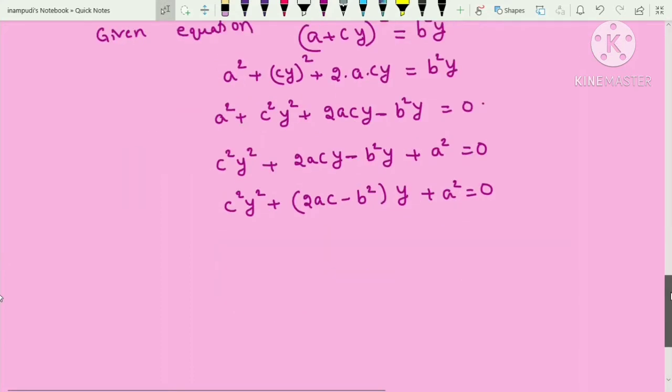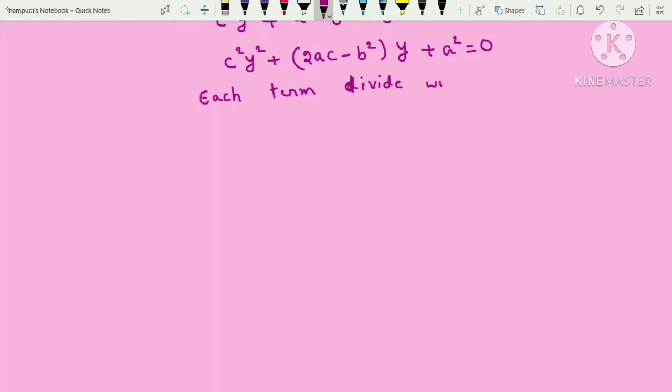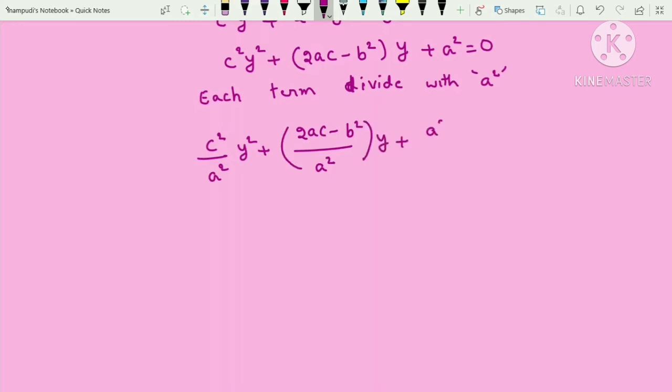Divide each term by a². So c²/a² y² + (2ac − b²)/a² y + a²/a² = 0.